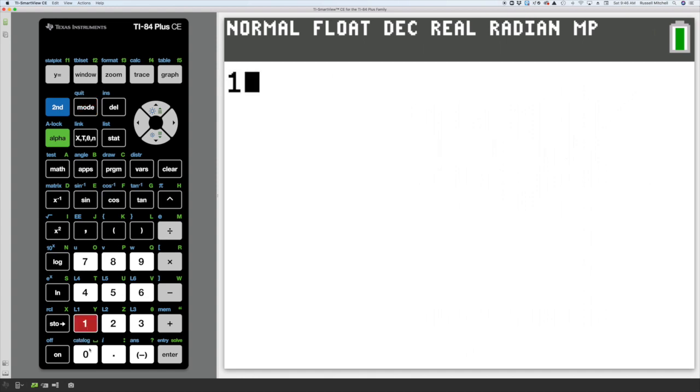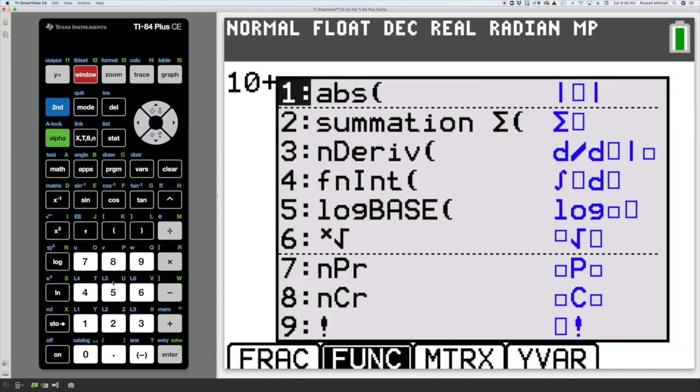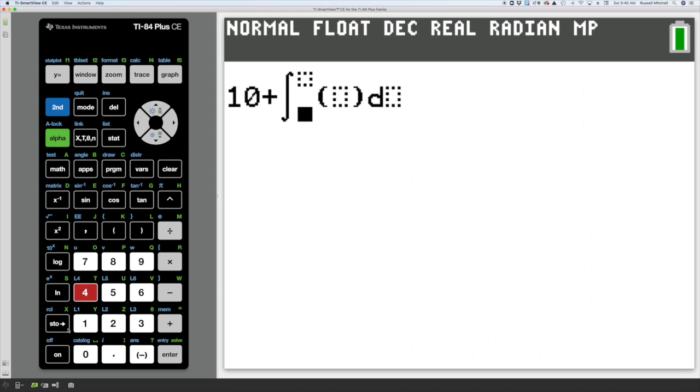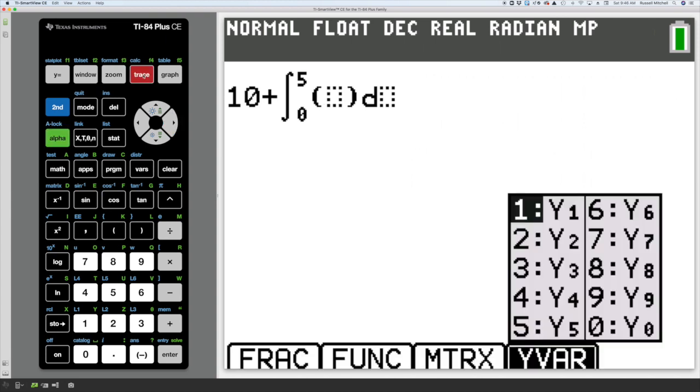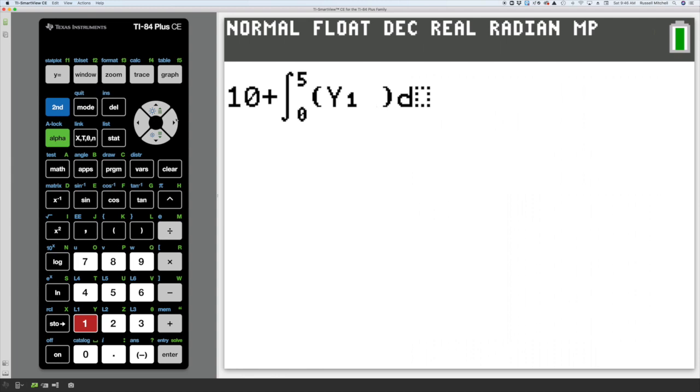And we're going to type this in: 10, and then plus, and then we want to integrate. So alpha window, and then number 4 for function integrate. And we want to go from 0 to 5 of our velocity function. That's why I wanted to change it and get rid of the absolute value. We want our velocity function. So alpha trace, and then select number 1, because that's where we stored our velocity function.